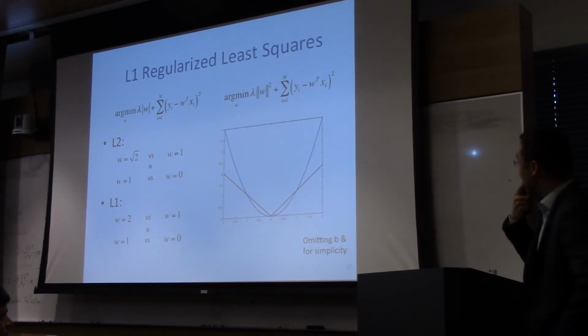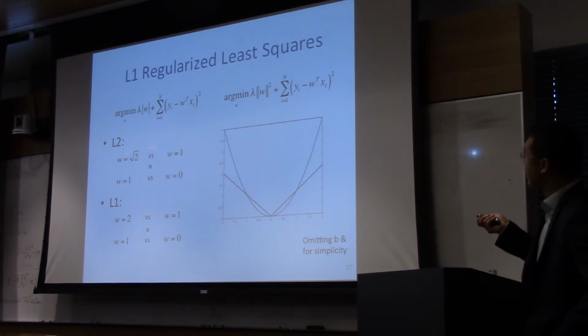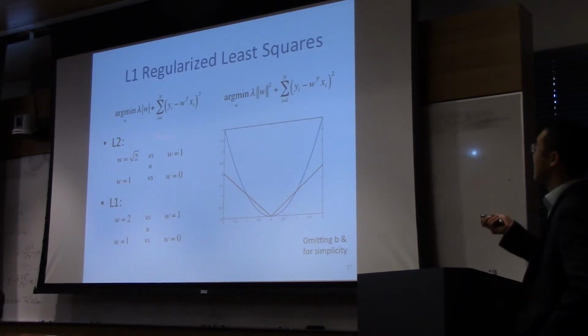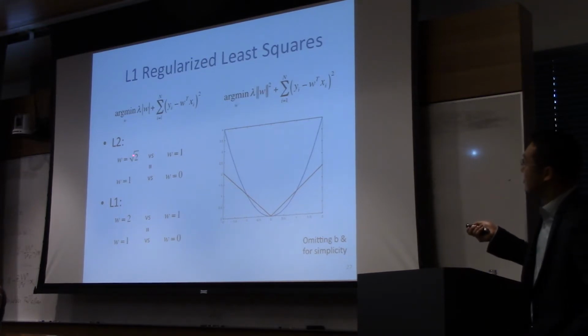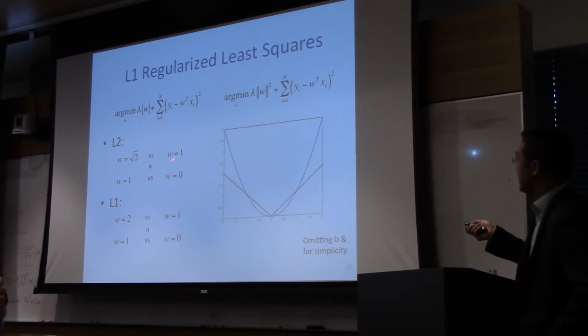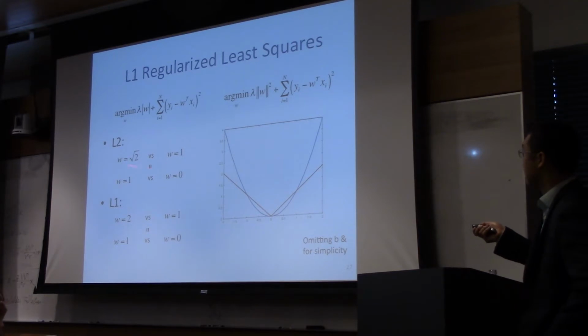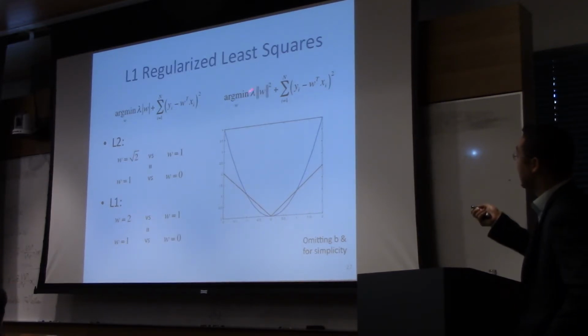That means that the decrease in penalty for L2 from a component of W, for simplicity let's assume W is one-dimensional, from 2 to 1 is not equal to the decrease in penalty of W from 1 to 0. Because this is a reduction of penalty of 3, and this is a reduction of penalty of 1.